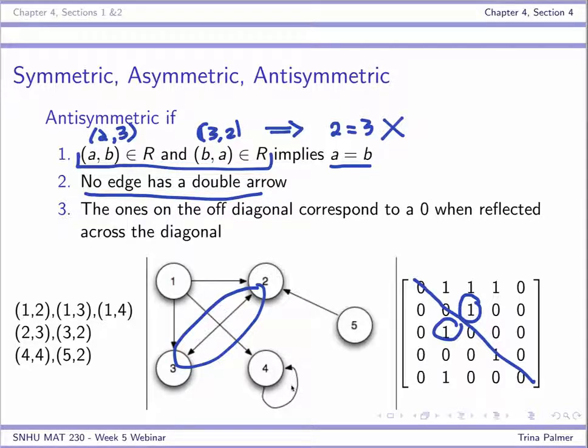The only difference is that you can have loops or repeated pairs. So you can have 4, 4 and be antisymmetric, but you cannot be asymmetric. After I go through transitive, I want to go through an example with all the properties, just to give you another one.